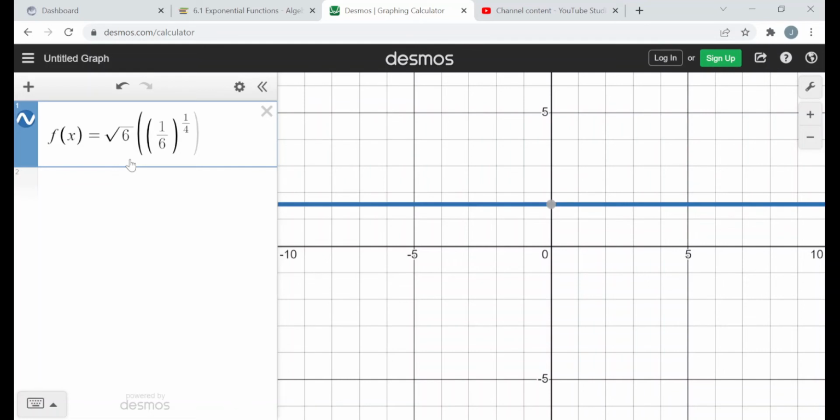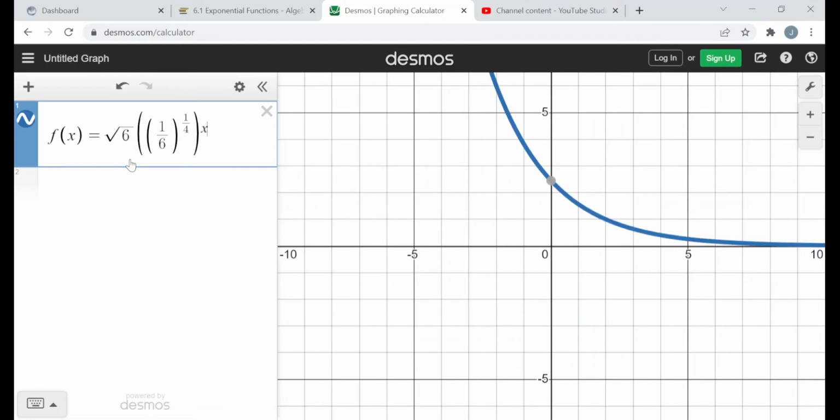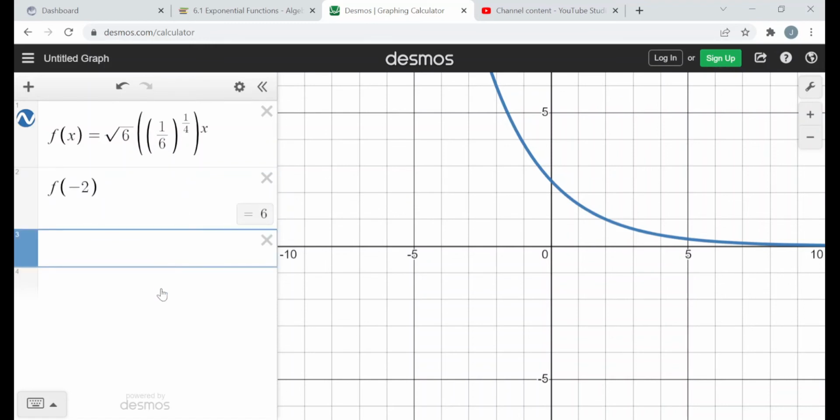That's the 4th root of 1/6 to the x. And you see it's an exponential function, a decreasing exponential function. And if I ask what's f of negative 2, it's 6, just like they gave us. They said negative 2, 6 was on the graph. And what's f of 2? It's 1, and they said 2, 1 was on the graph as well. So that works.